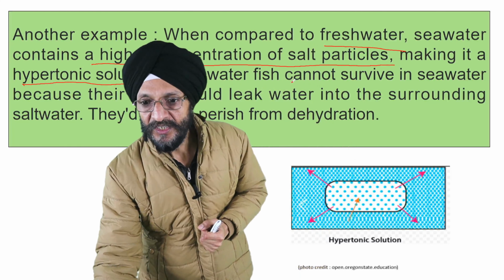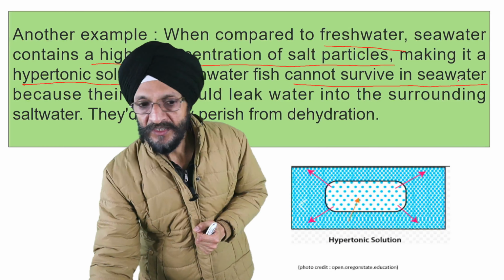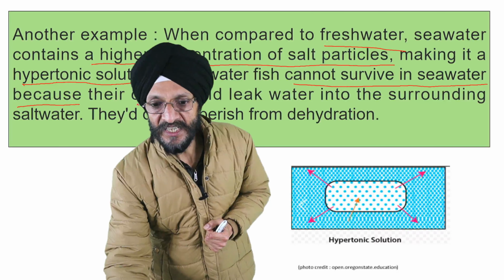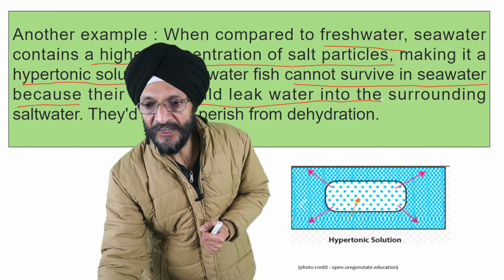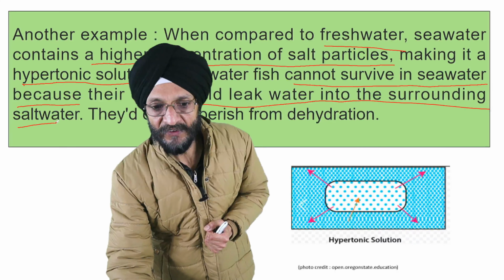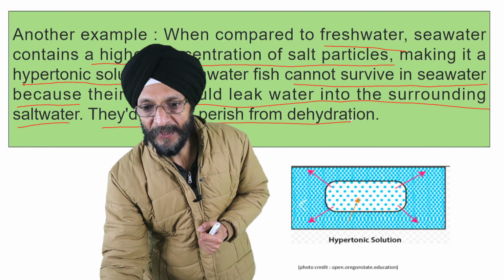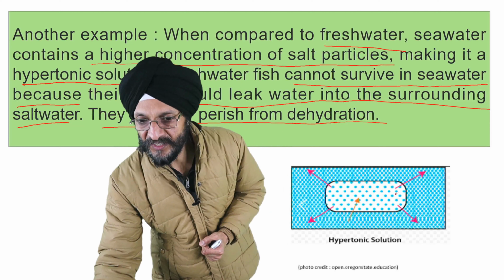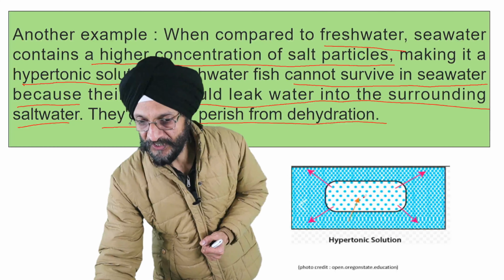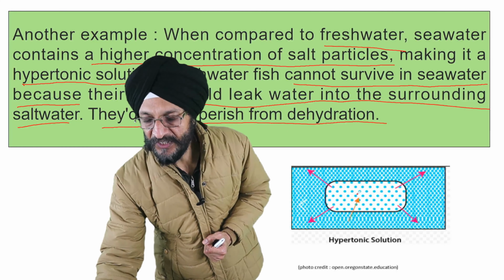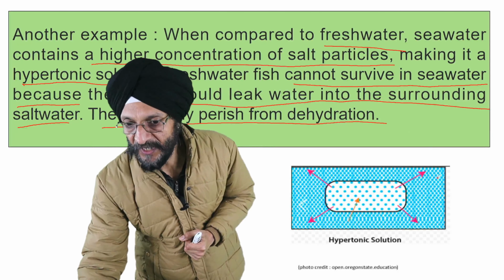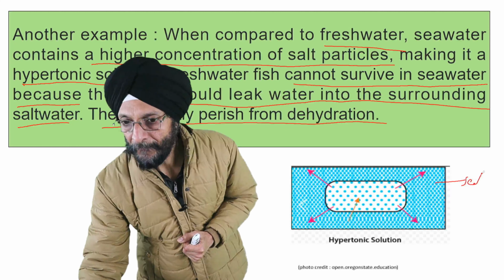Freshwater fish cannot survive in sea water because the cells would leak water into the surrounding salt water and they would quickly perish from dehydration. Suppose we assume that this is the cell of a fish and the fish is a freshwater fish which has been placed in the sea water.